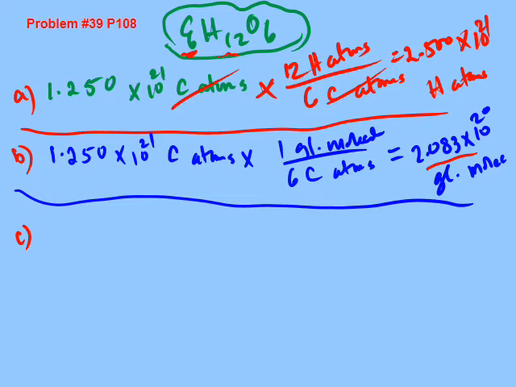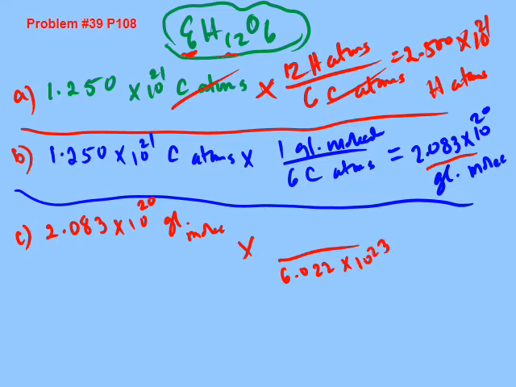I'm going to copy that number: 2.083 times 10 to the power 20 glucose molecule, times, I want to get mole from number, 1 over 6.022 times 10 to the power 23.